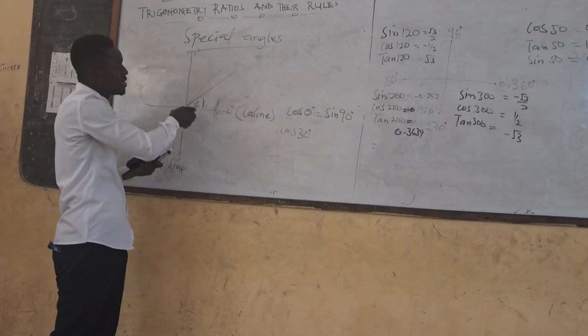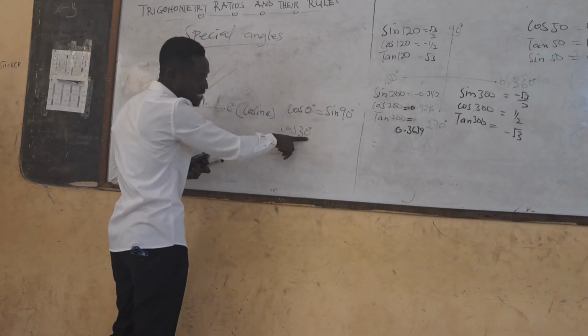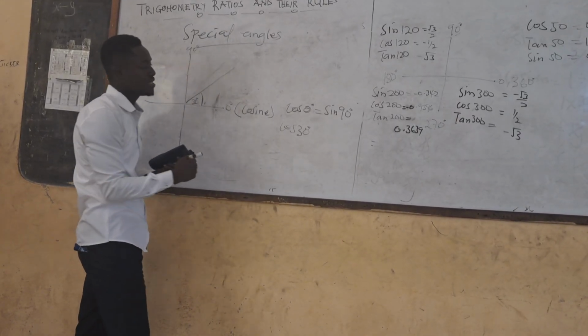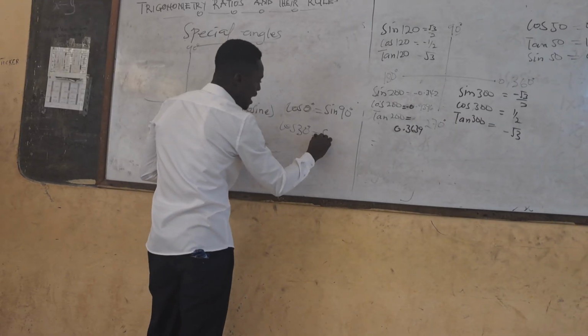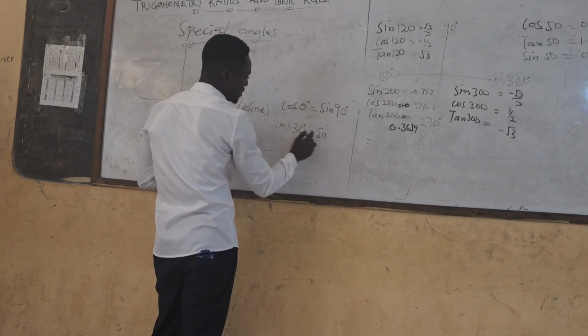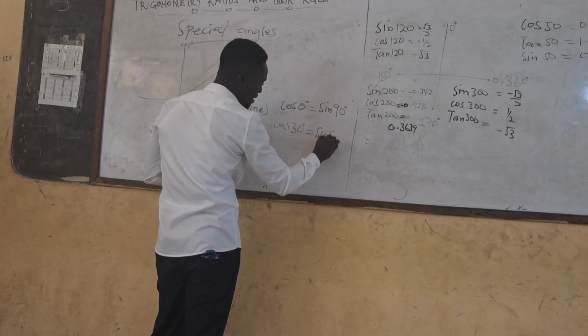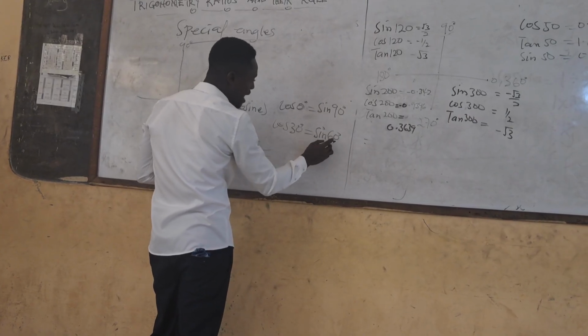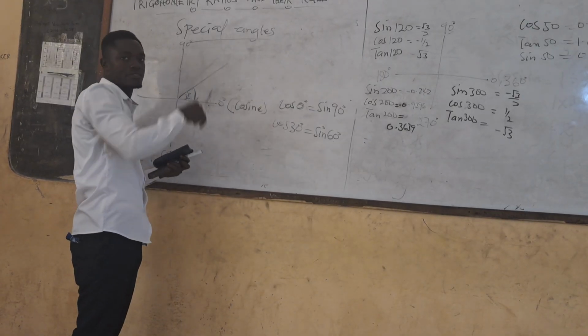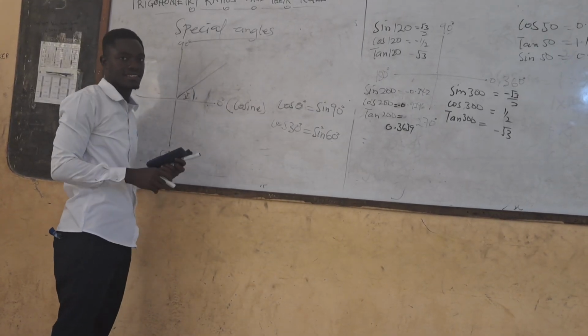Which means what will be added to 30 to give me 90, which is 60 degrees. So cos 30 degrees is equal to sine 60 degrees, because if I add 30 and 60, I'm supposed to get the highest value of that quadrant, which is 90 degrees.